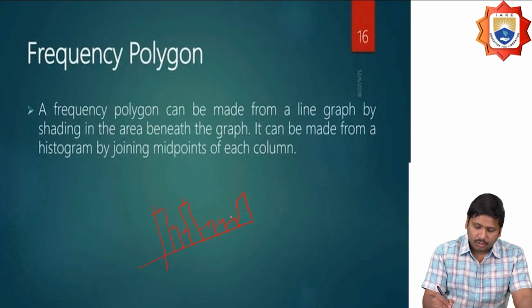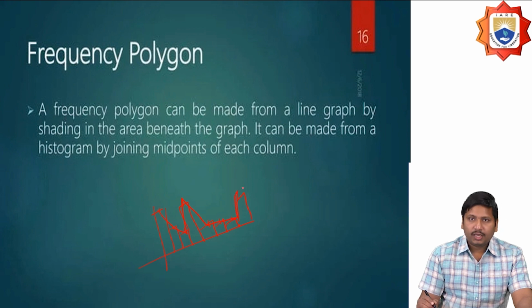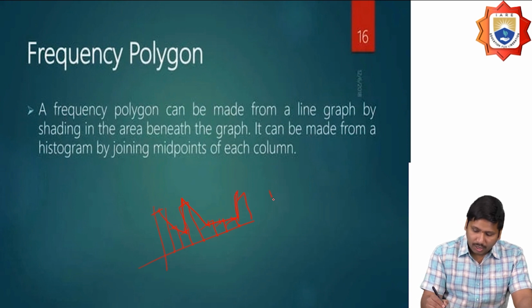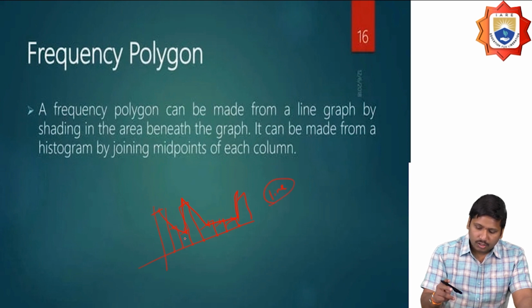If it is joined by straight lines, then it is a frequency polygon. Suppose the same thing is joined with a smooth curve like this, then it is a frequency curve.